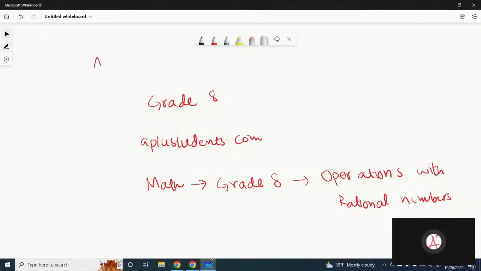Let me write down the lesson name. Apply addition, subtraction, multiplication and division rules.